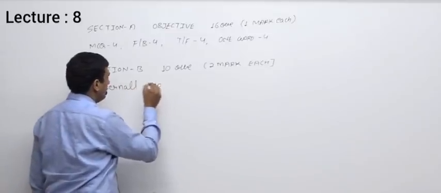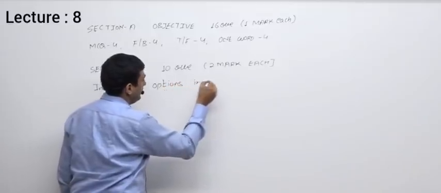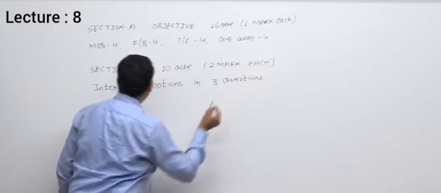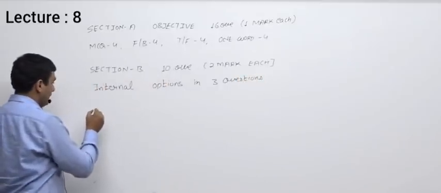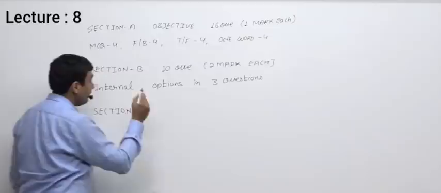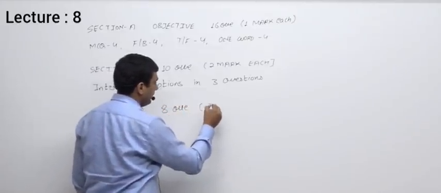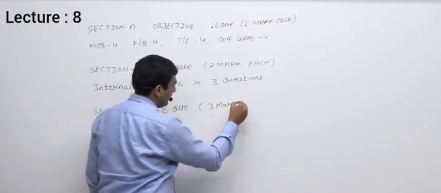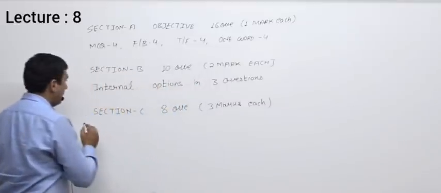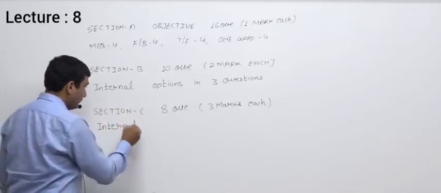Then section C contains 8 questions, 3 marks each. Again there will be internal options, but only in 2 questions.